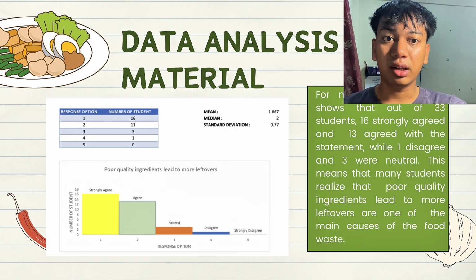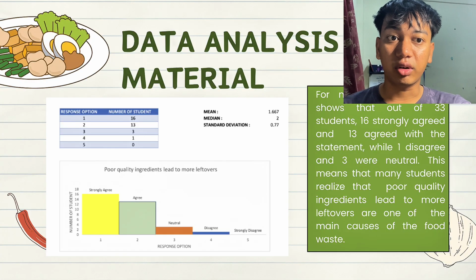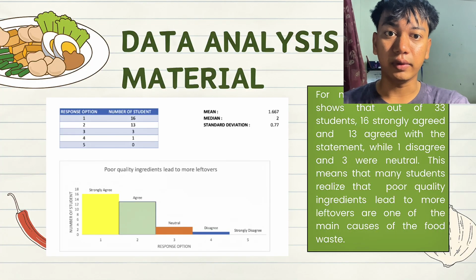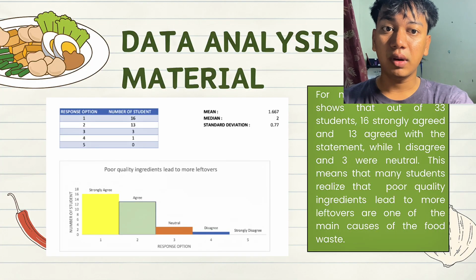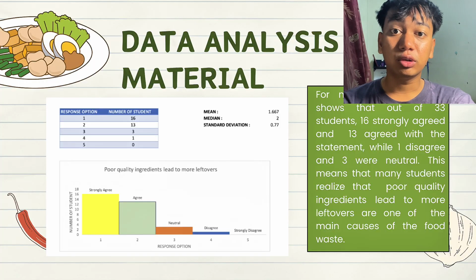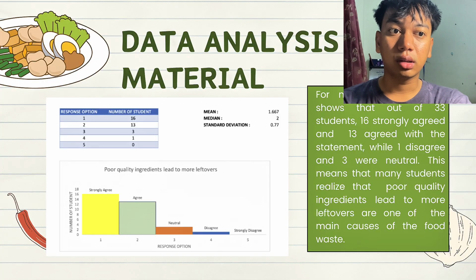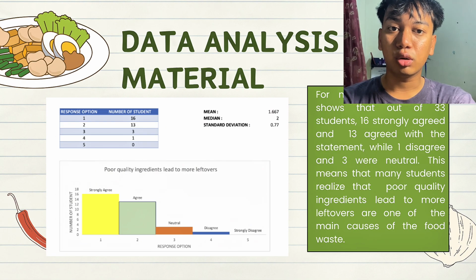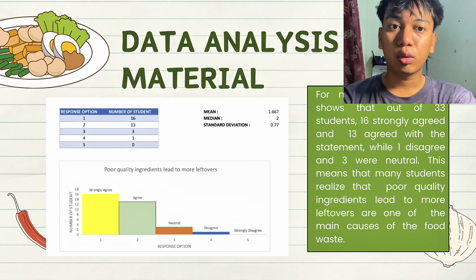From this, we can see that the majority of respondents strongly agree or agree that poor quality ingredients contribute to food leftover. The mean value is 1.67. The median is 2, and the standard deviation is 0.77, which indicates that most responses are clustered around strongly agree and agree.